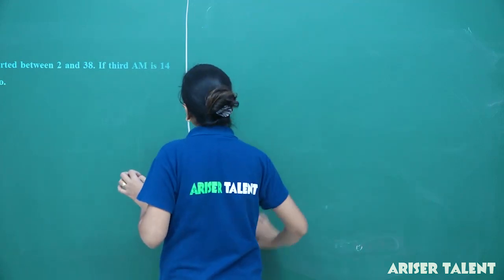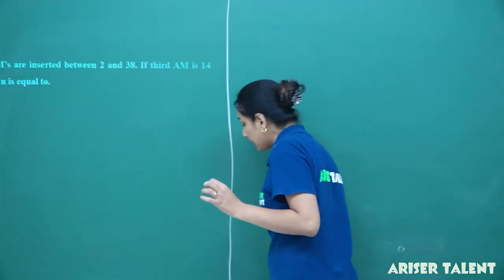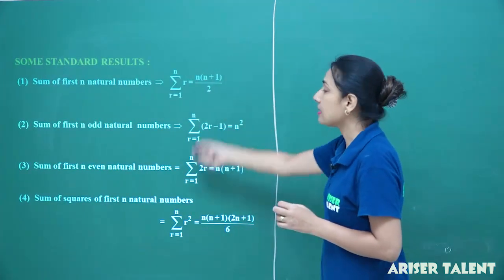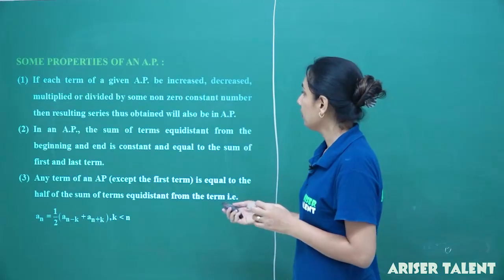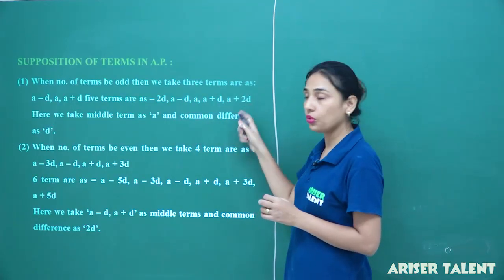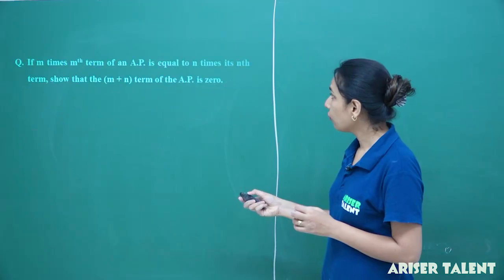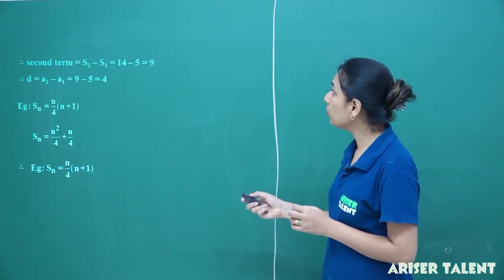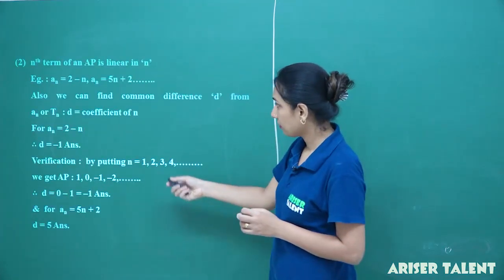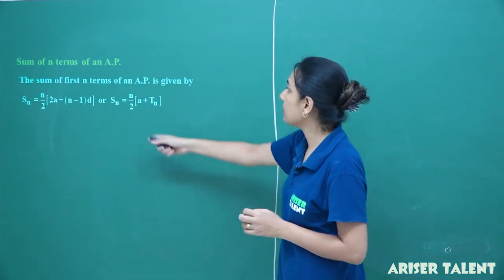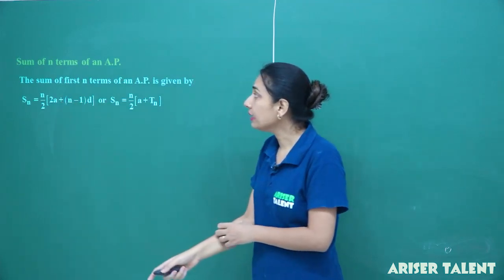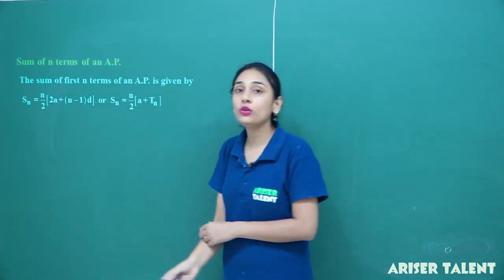If you are not able to recall them, because I just skip the slides, we have used this thing right now, and from the beginning we used the summation, and Sn equals n by 2 times 2a plus n minus 1 d, this we have used.